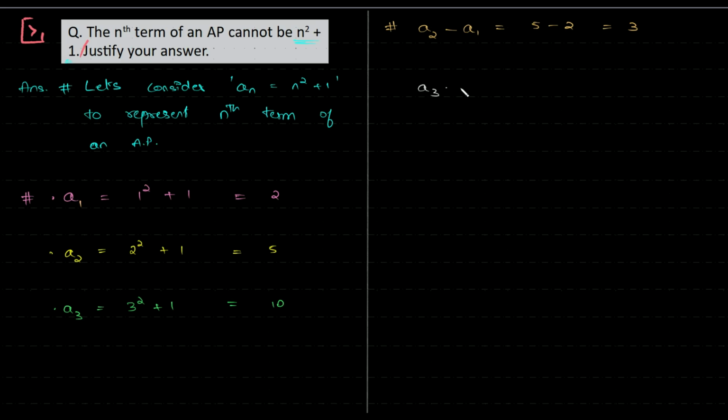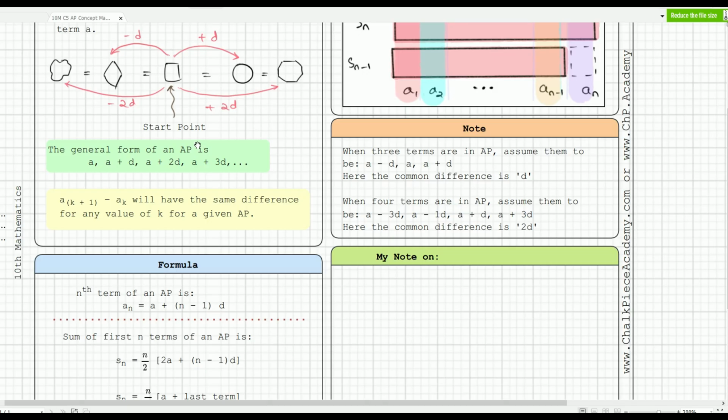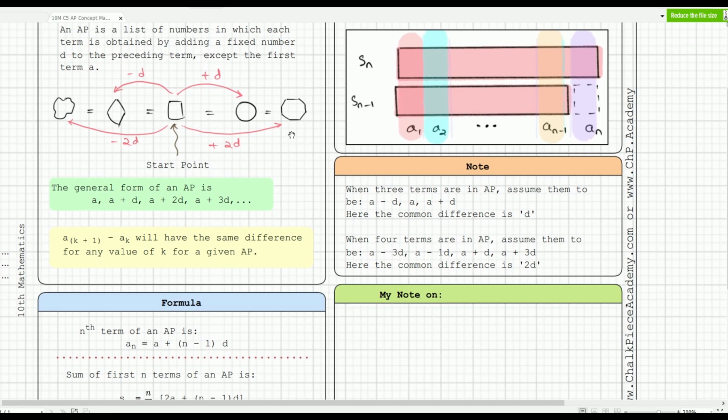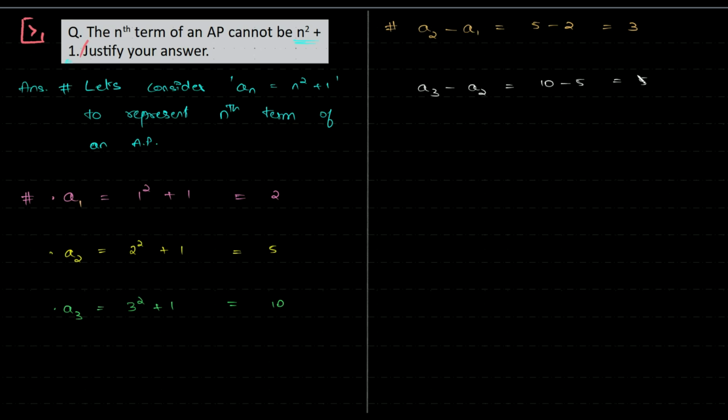Then we have a3 minus a2, which is equal to 10 minus 5, which is equal to 5.